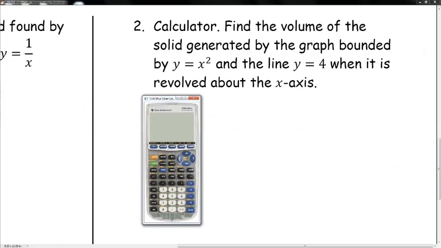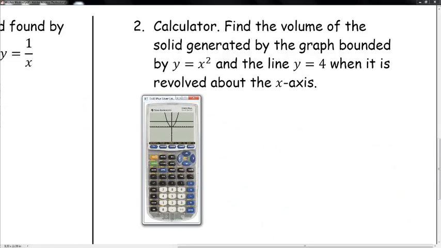Alright, now we're going to be using our calculator. Find the volume of the solid generated by the graph bounded by y equals x squared and the line y equals 4 when it's revolved about the x-axis. I'm going to go to y equals, and I'm going to plug in x squared. And then for y2, I'll plug in 4. I just want a graph to get a good idea for a picture. Since we're revolving around the x-axis, it's going to be a washer because they're not completely flushed up against.